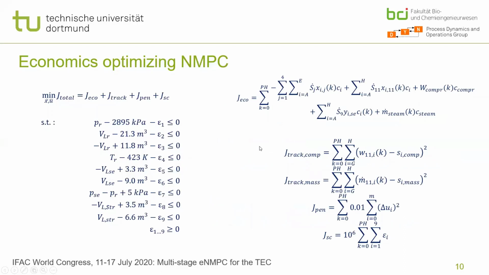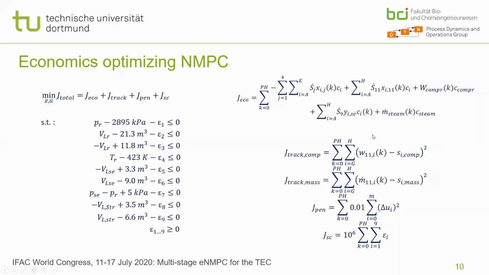Let's start with the economics cost function, which in this case comes down to minimizing the material use, so minimizing the amount of the feed streams 1 to 4, minimizing the energy spent with the steam in the stripper and the energy for the compressor, as well as minimizing the purge stream amount, S9. We are making profit in this process by maximizing the throughput, so maximizing the stream 11.